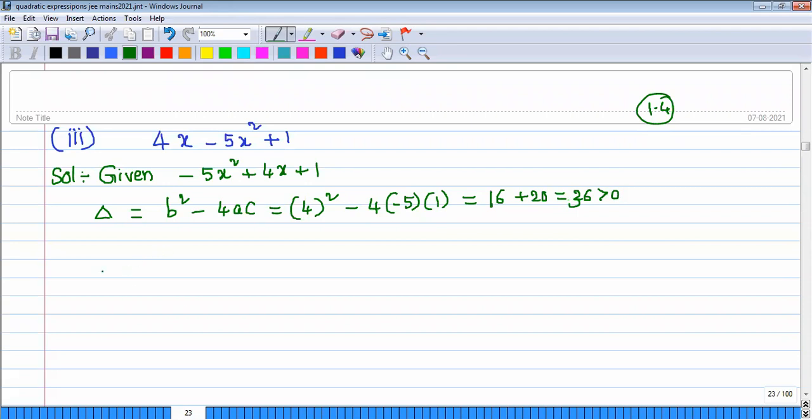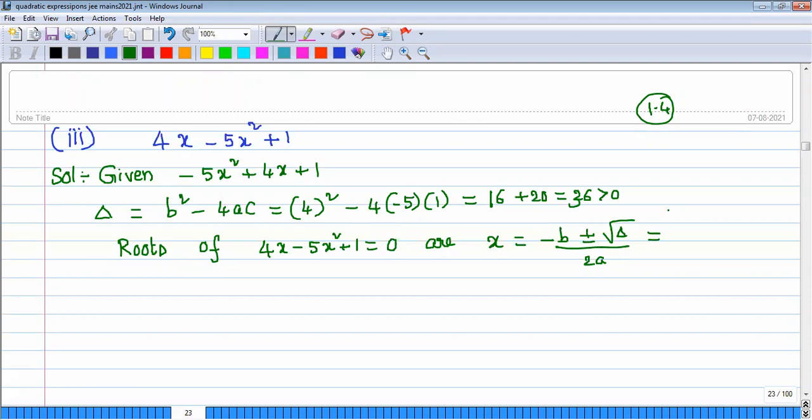Now here we need to find the roots of 4x minus 5x square plus 1 is equal to 0. x is equal to minus b plus or minus root delta upon 2a.